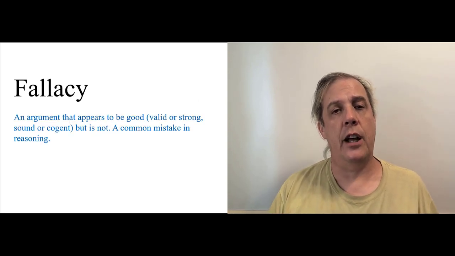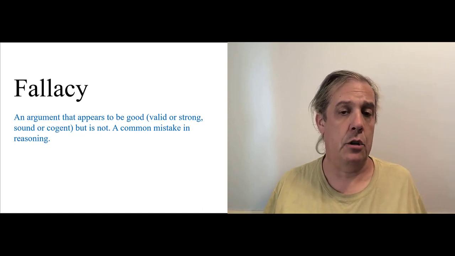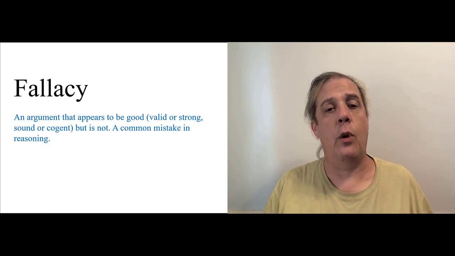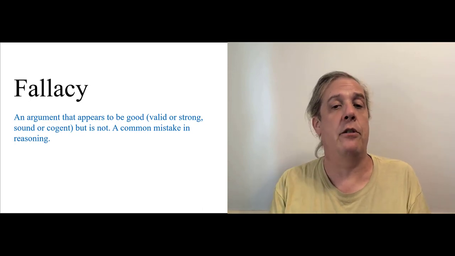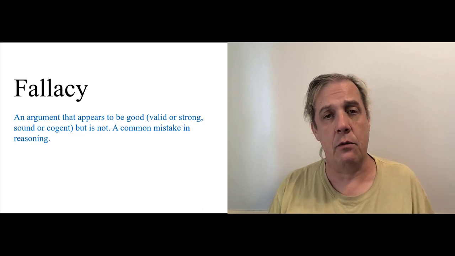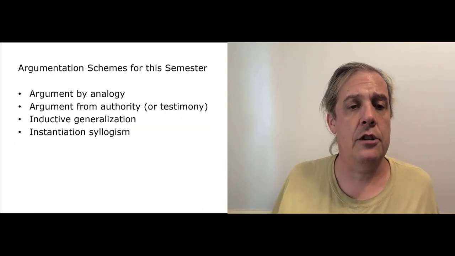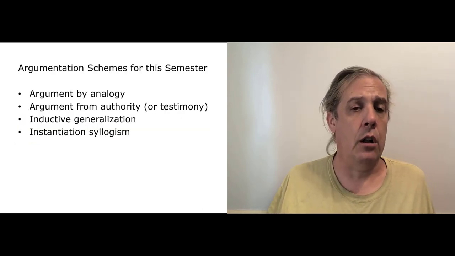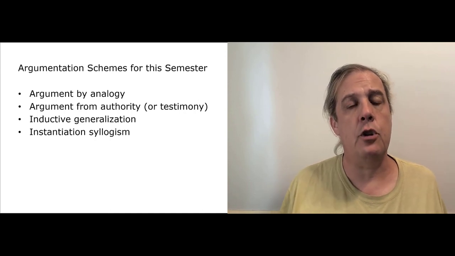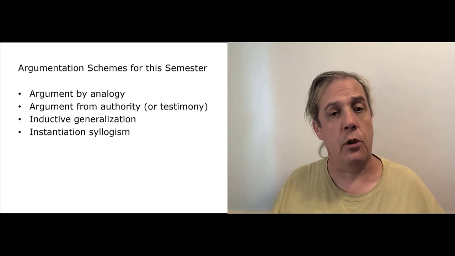Now, remember that a fallacy is an argument that appears to be good, but is not. So when we talked about burden shifting, that was a way to make your argument seem better than it actually was, right? So fallacies are common mistakes in reasoning. One of our styles of argument is what we're going to call inductive generalization. This is just what happens whenever you move from a small number of cases to a more general statement.